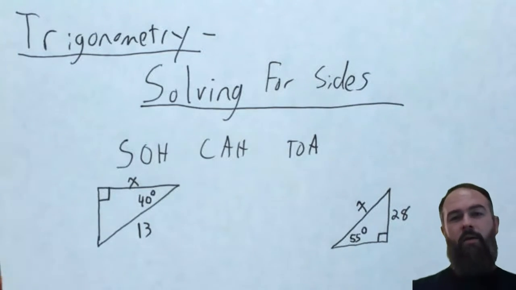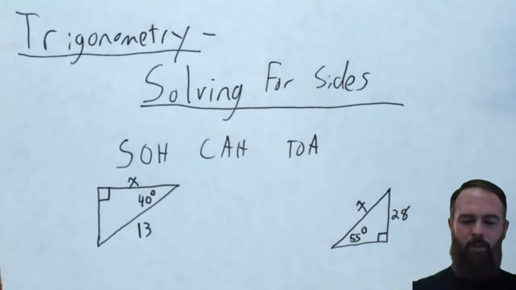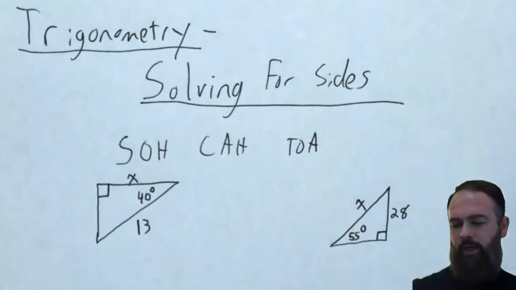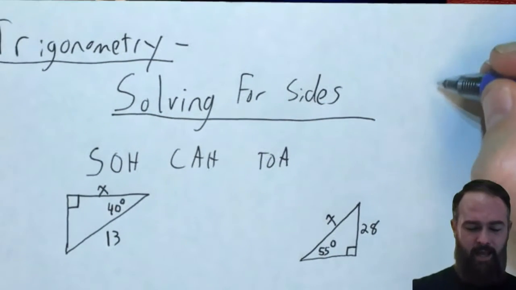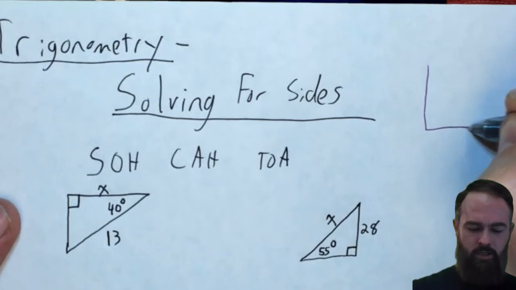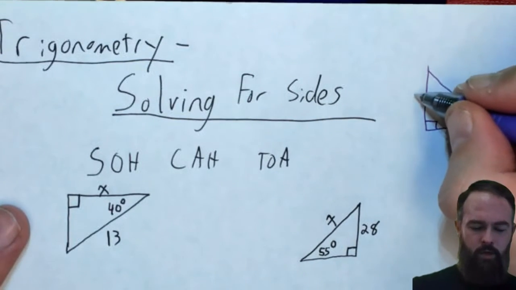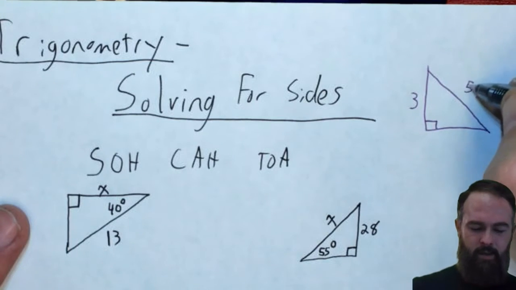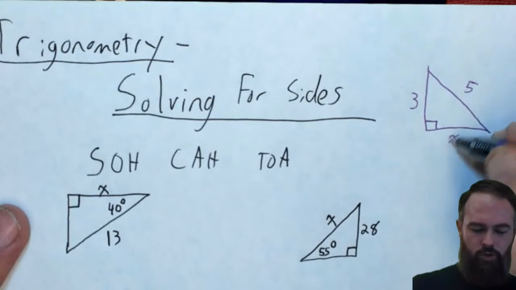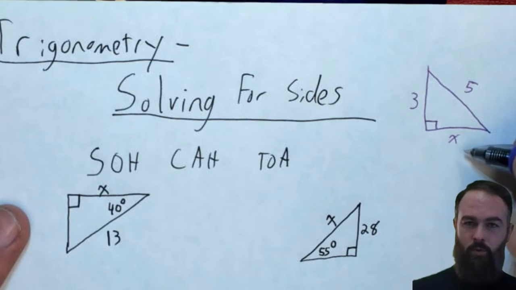Okay? Now, first off, before we actually get into solving things, I want to go over the subtle difference between what we've done in the past for solving for a side, which is Pythagorean theorem, and trig. What you've done in the past is things like this, where you have two sides of a right triangle and you're looking for the third.